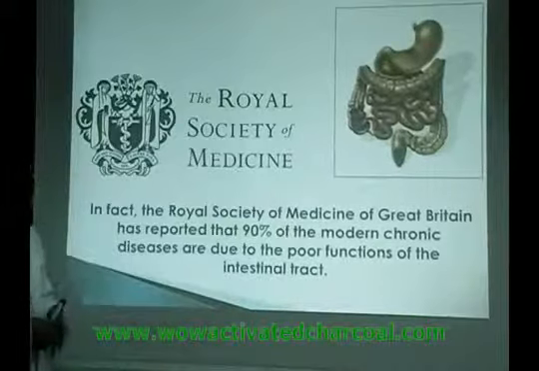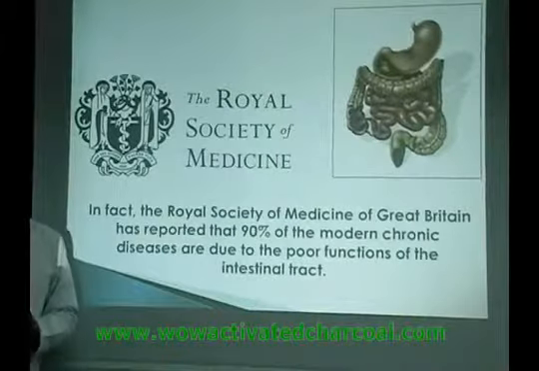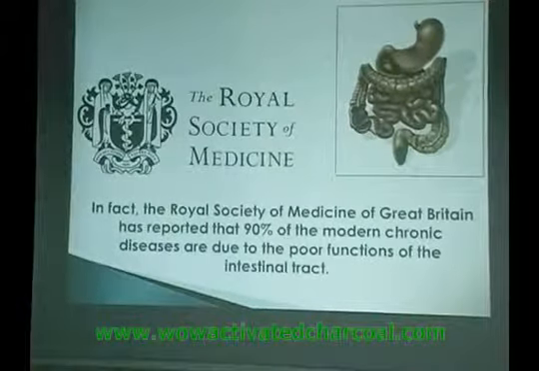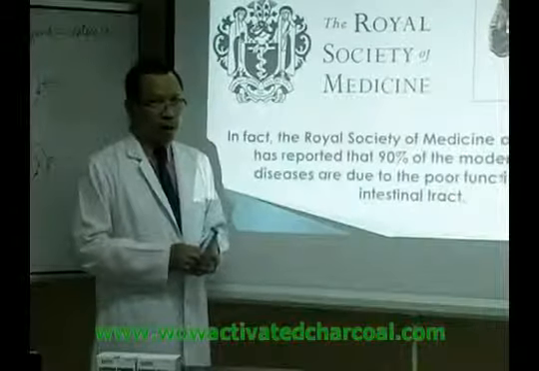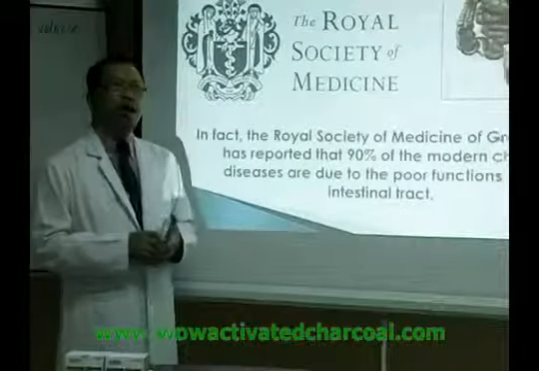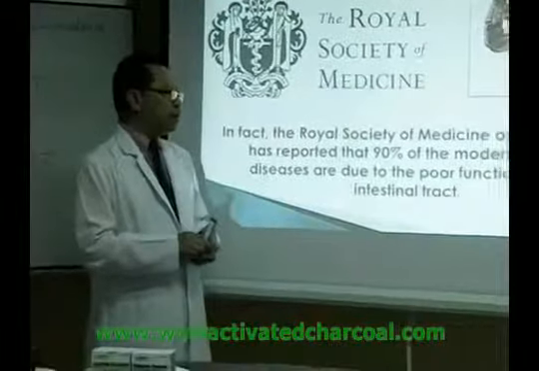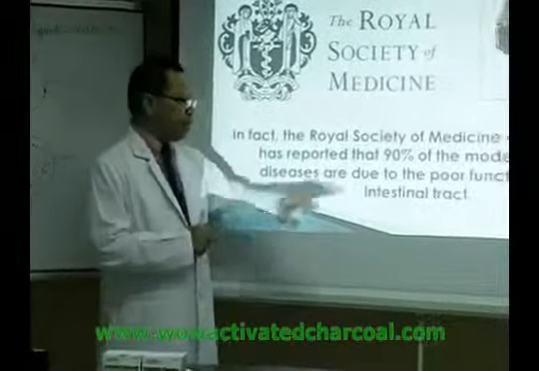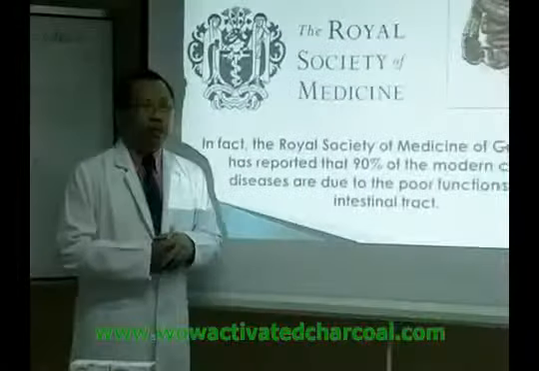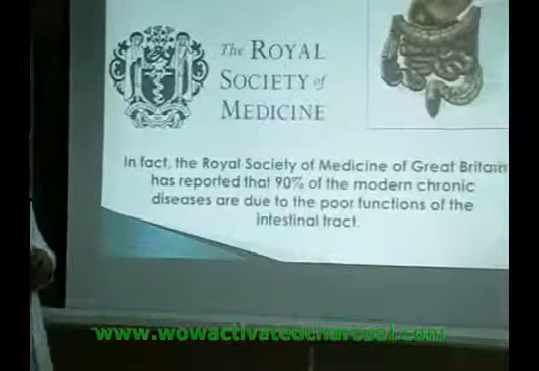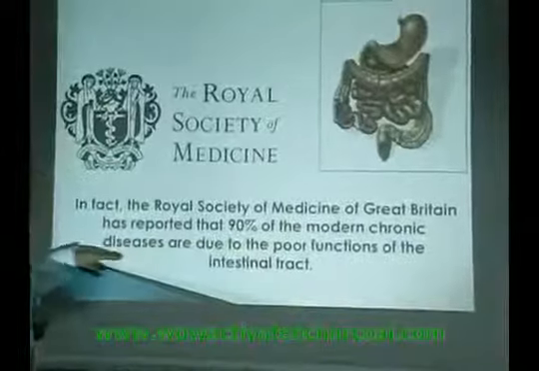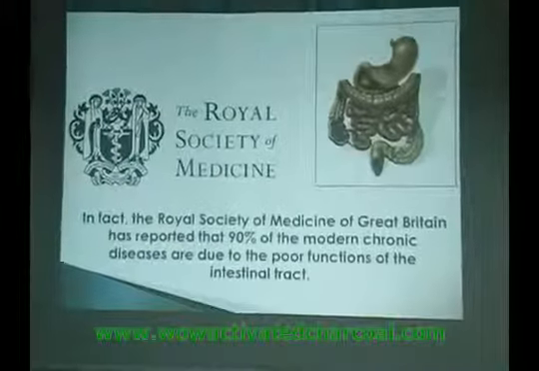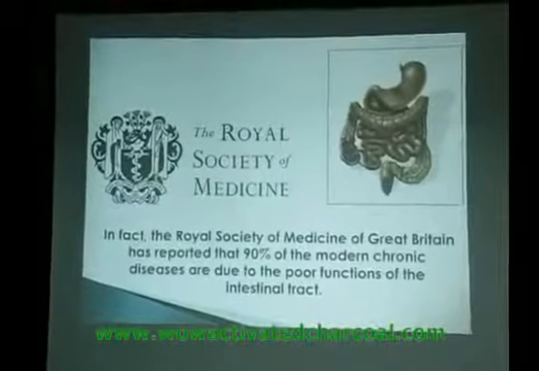So this is also corroborated by many medical practitioners: if a person cannot remove their toxic materials or waste products from the gastrointestinal tract, there is an accumulation of toxins in the system, which is the cause of modern chronic diseases. So that is very emphatic, no? It's very important.